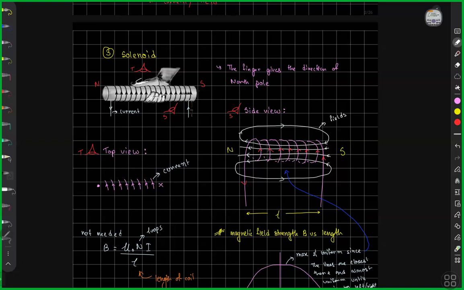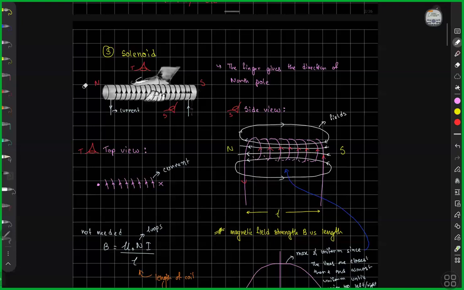The thumb really shows the North Pole, going outward from the north into the south. So whenever you consider your fingers to be the direction of current, your thumb points towards the North Pole. Remember that.